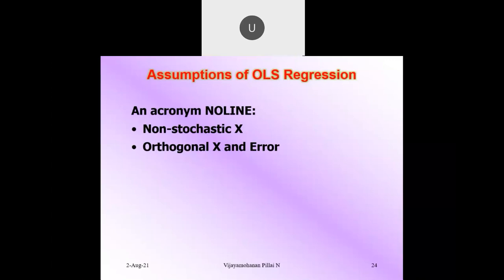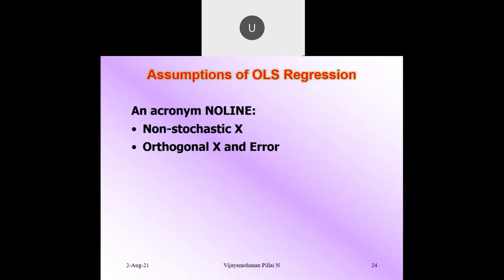Then the covariance variance matrix of this error term U is the same. That means this error term U has a constant variance, and that constant variance is called homoscedasticity. We know homo means the same or constant, and scedasticity is the Greek term for variance.